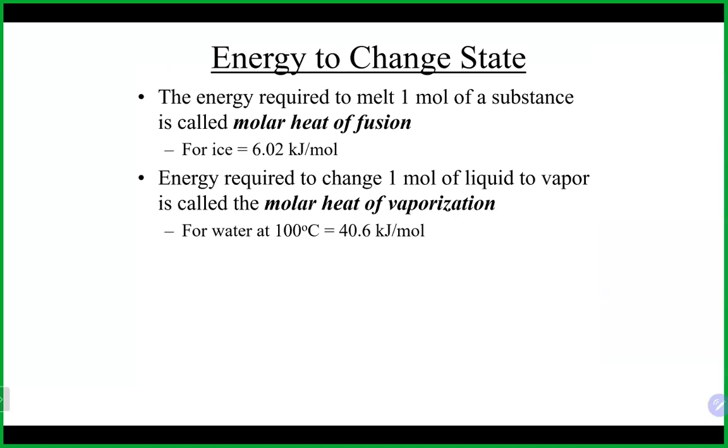And that is the heat of fusion. The heat of fusion for ice, for example, is 6.02 kilojoules per mole. This is sometimes abbreviated as the delta H of fusion. And that delta H is that enthalpy value we saw when we talked about energy. The heat of fusion is really the energy to take something from solid to liquid, or liquid back to solid.